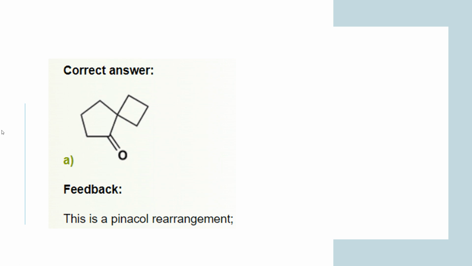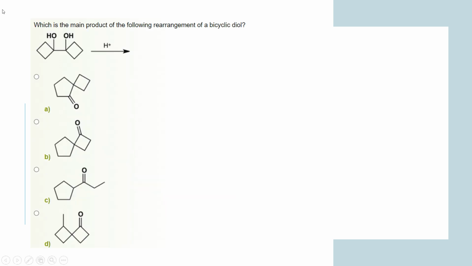Like I said, one of both the rings will get expanded, and that expanded ring is containing keto functionality due to electron pair push from the second hydroxyl group. Okay, so thus you will get option A as the correct answer for this question.